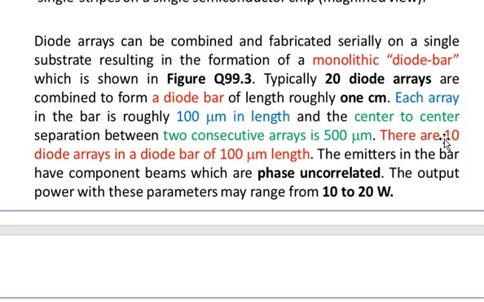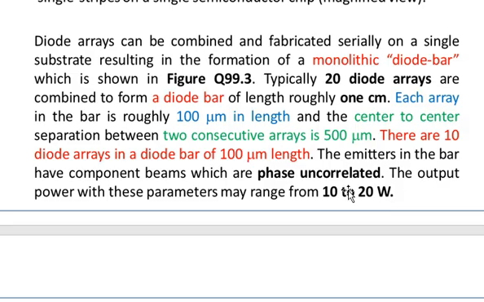The emitters in the bar have component beams which are phase uncorrelated. The output power with these emitters may range from 10 to 20 watt.